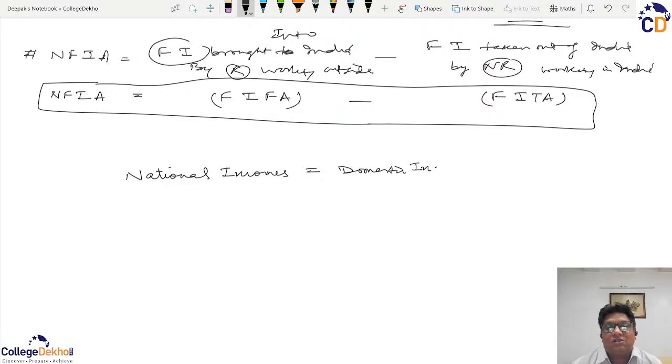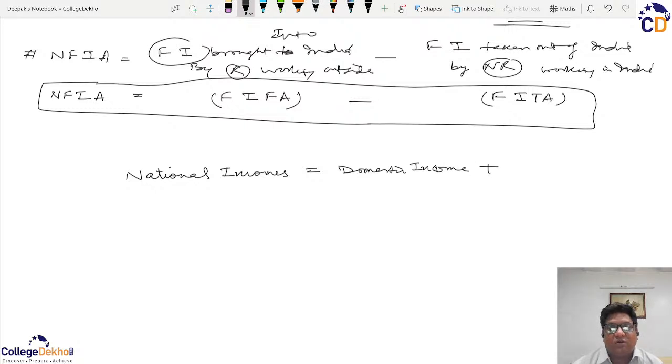Therefore, this domestic income has to be deducted by FITA, because this is the foreign income which has been taken out of India. So this will reduce the domestic income to calculate the national income, and vice versa is the case with the FIFA.